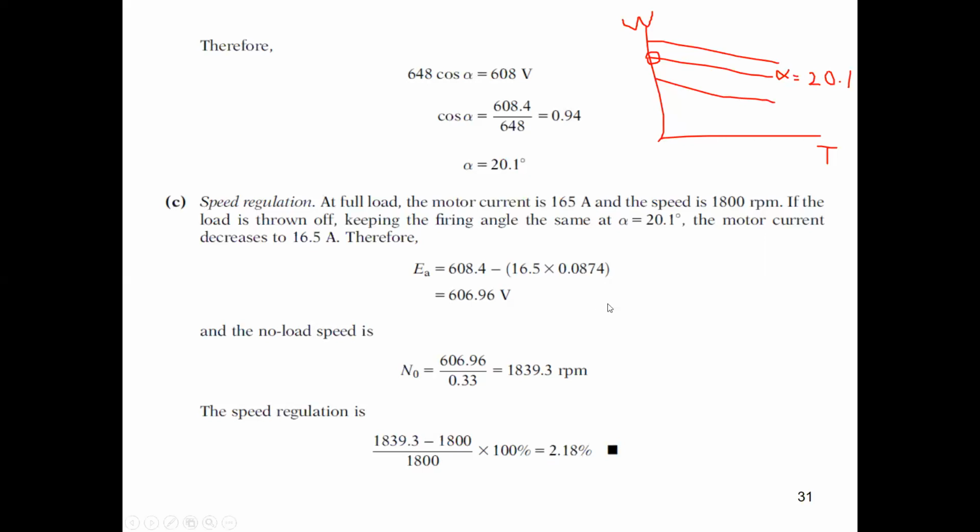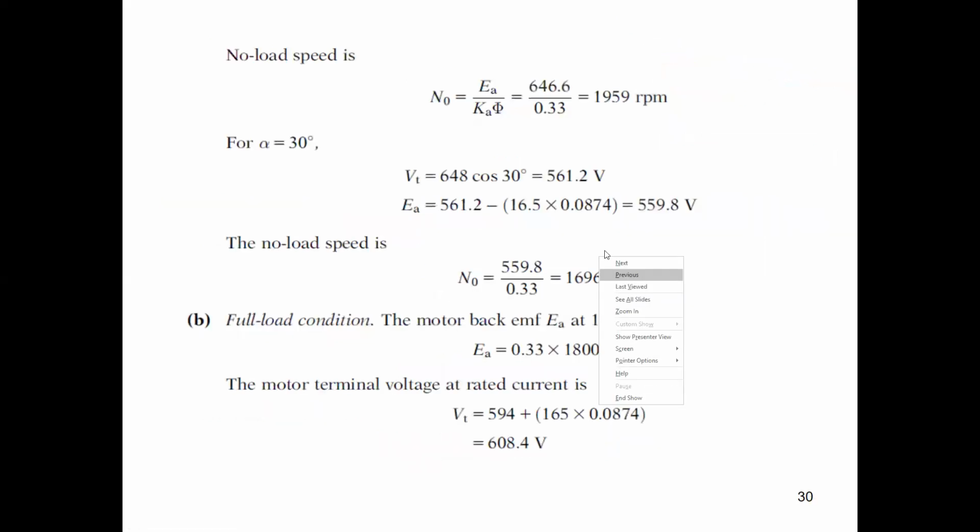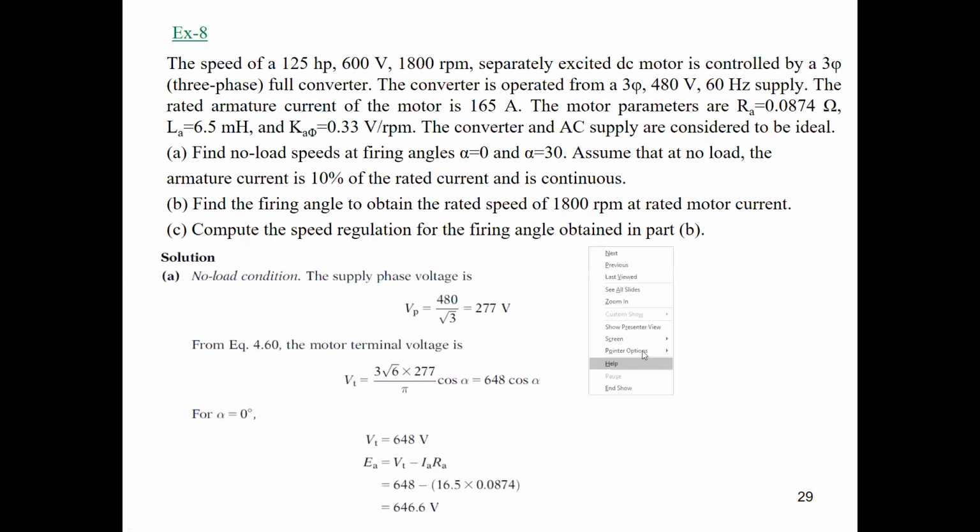If we find the resistance value here, you will find it is 0.087. It's very small. This is because the machine is high current, 165 ampere. So we expect to have very small voltage drop, and also we expect small speed regulation.